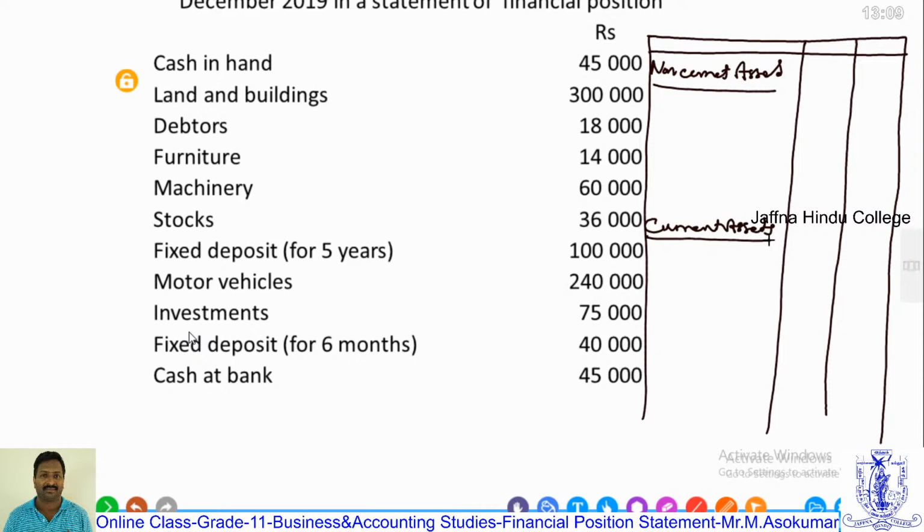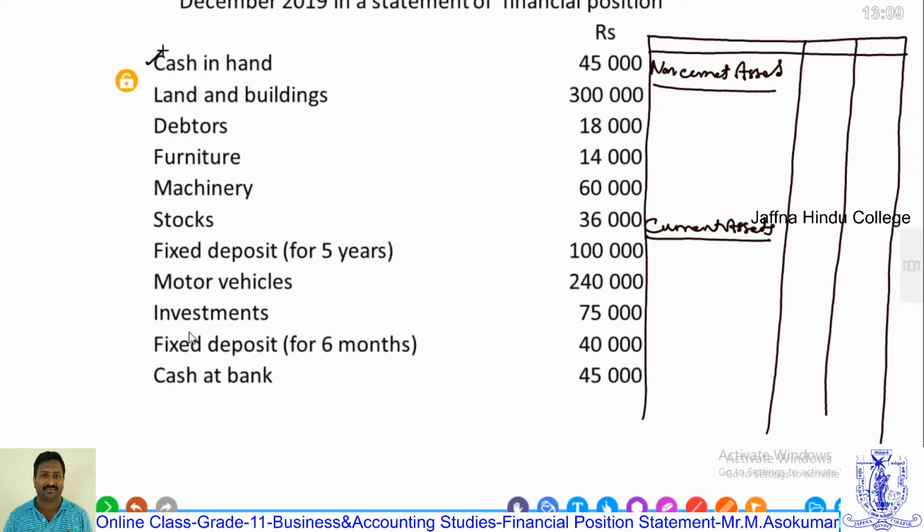Under current assets, first, cash in hand. Cash in hand is a current asset with the highest liquidity, 100% liquid. Therefore, it is listed at the bottom of this order.